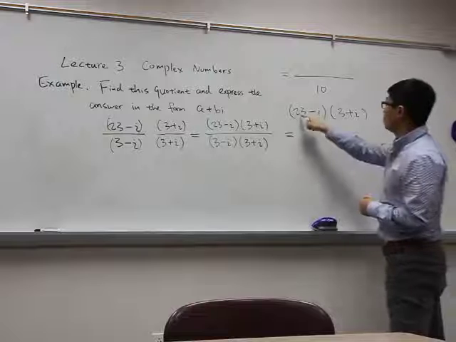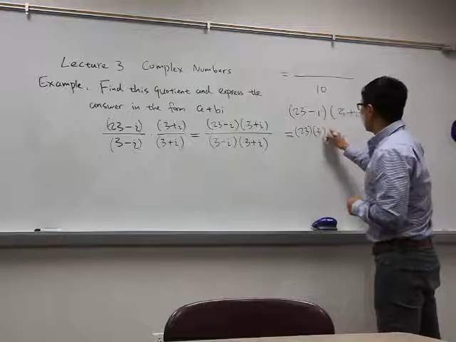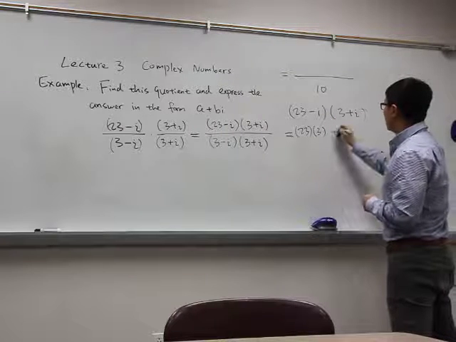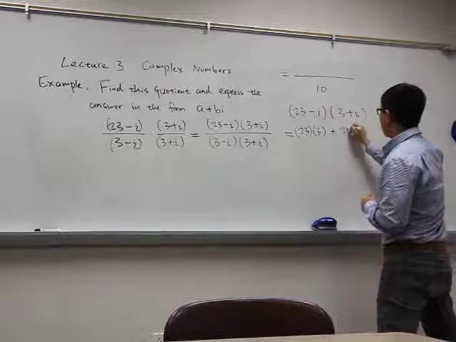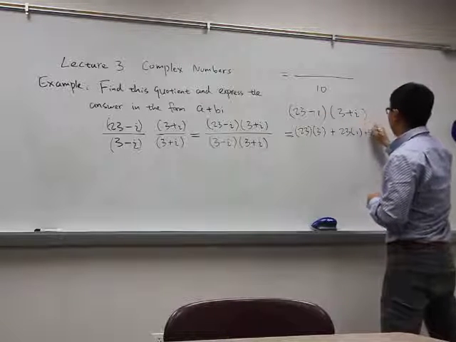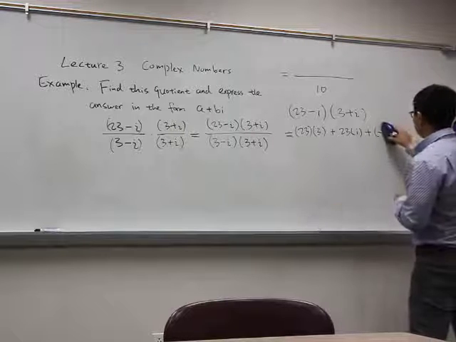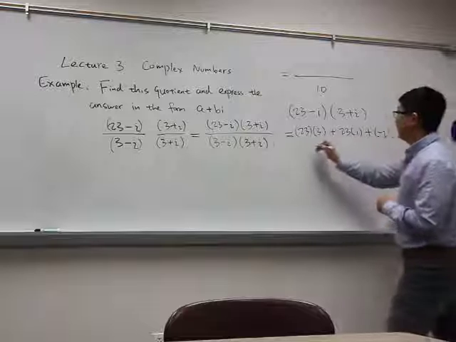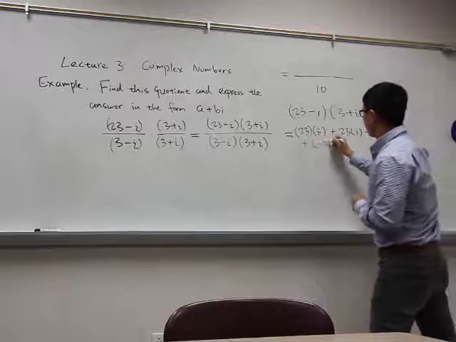Okay, so we get 23 times 3, plus 23 times i, and plus negative i times 3, and plus negative i times positive i.